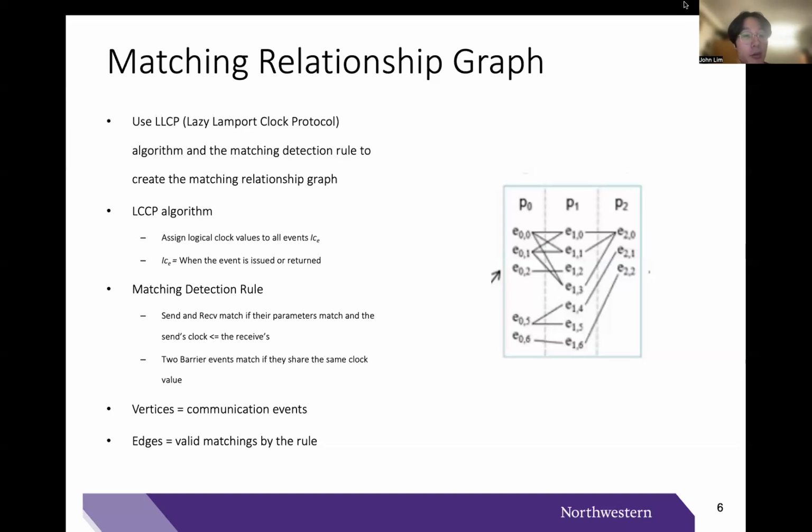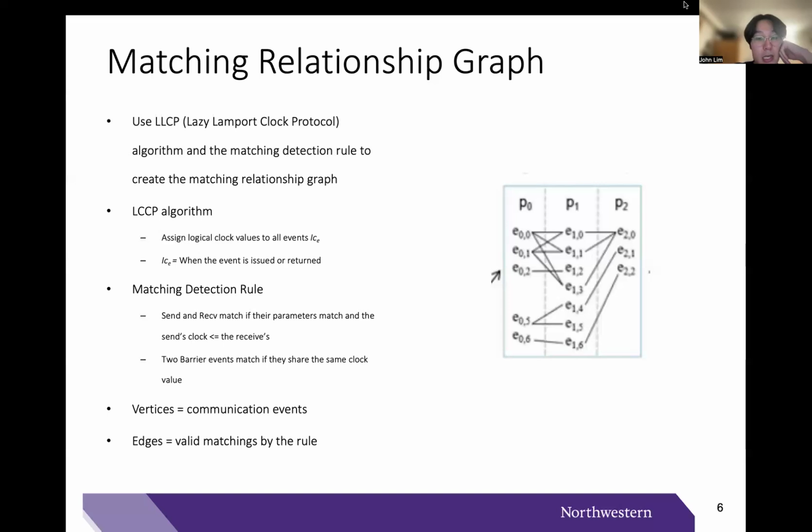The LLCP algorithm, or the lazy Lamport clock protocol algorithm, is where you assign logical clock values to all events, where the clock values represent when the events are issued or returned.